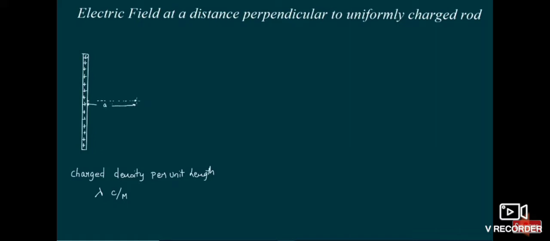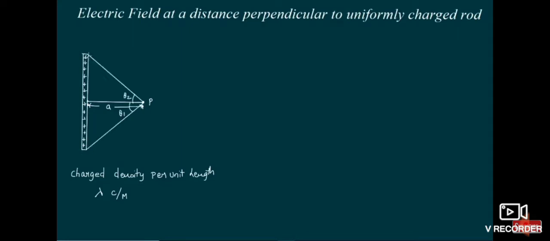Consider a long conductor, where at a distance A, the point P is fixed. The rod has a charge of plus Q coulombs. We are considering the charge density per unit length, that is lambda coulomb per meter.